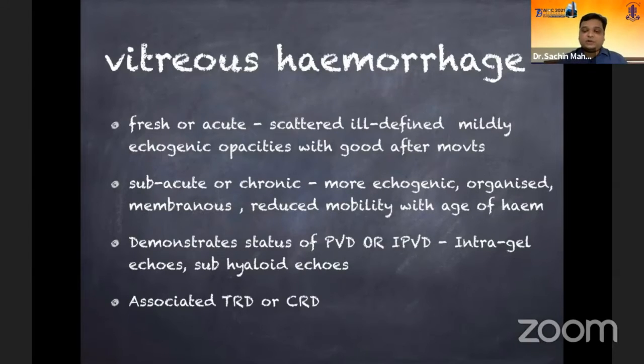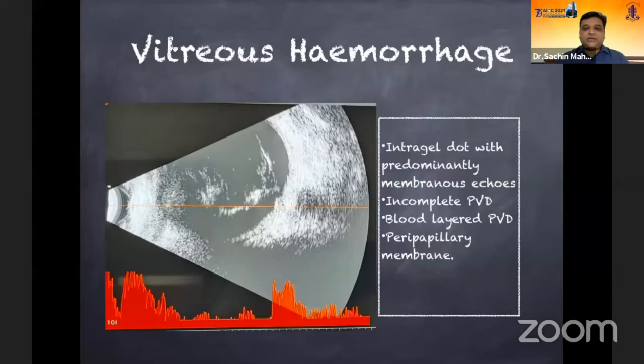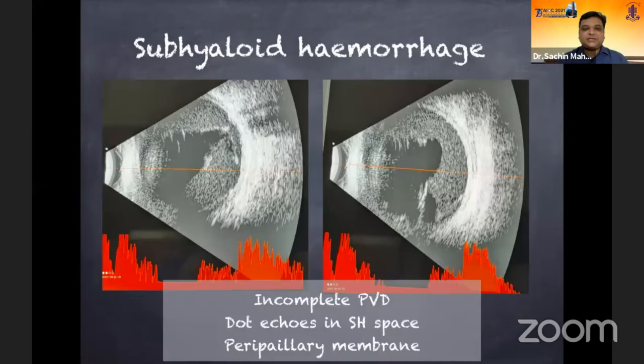Basically, why this is important for us is to understand the extent of vitreous hemorrhage when we plan a surgery. Now, this is a case wherein you can see predominantly intragel echoes and a blood-layered PVD with an incomplete PVD. Basically, it is attached to the posterior pole, and this is how it helps us understand the disease better and helps us to plan the surgeries.